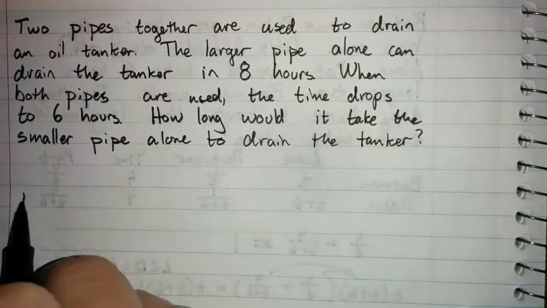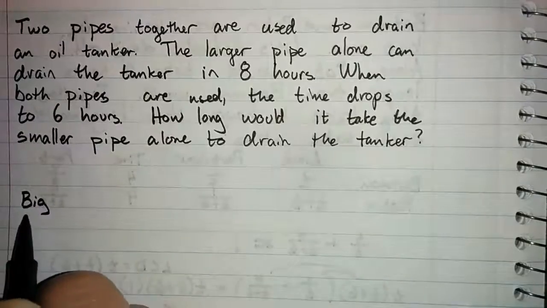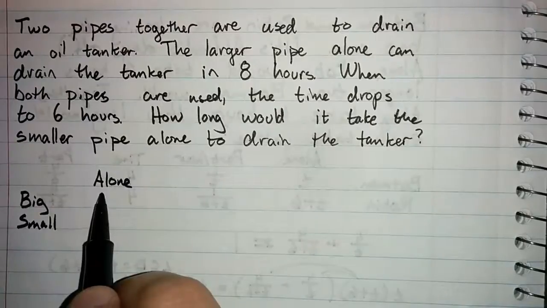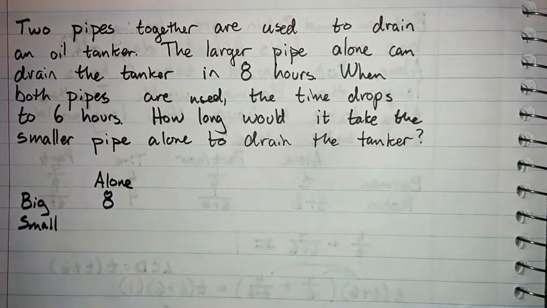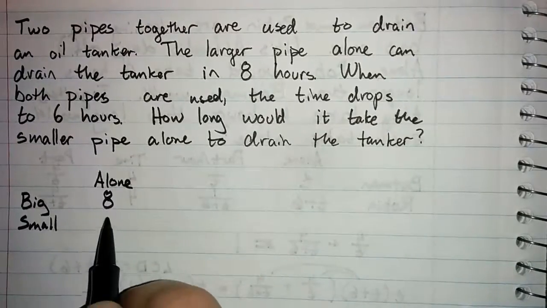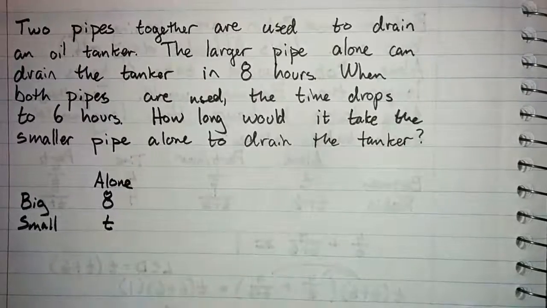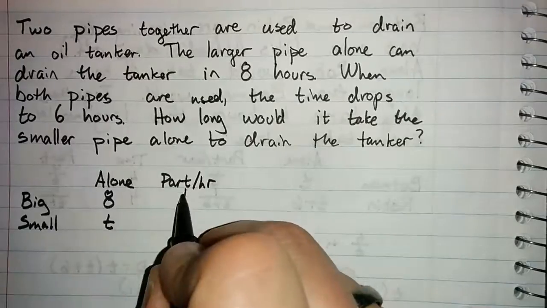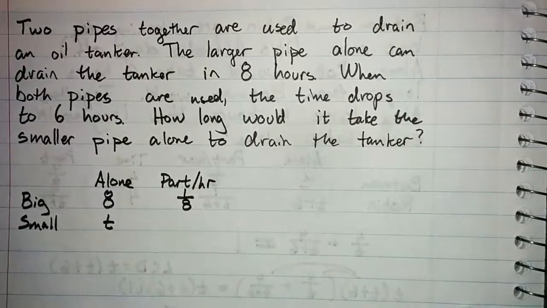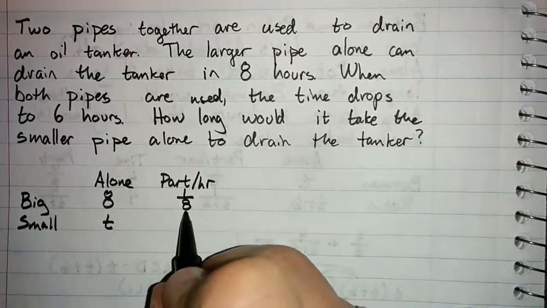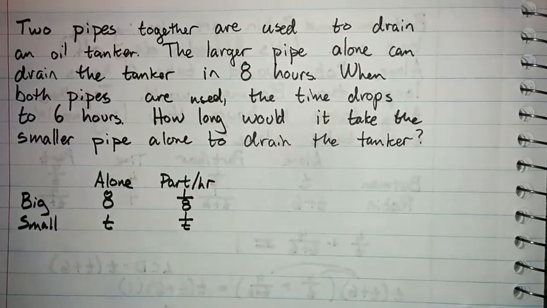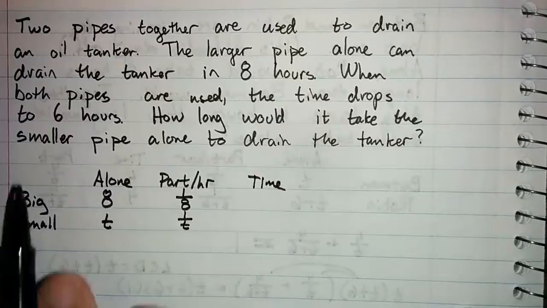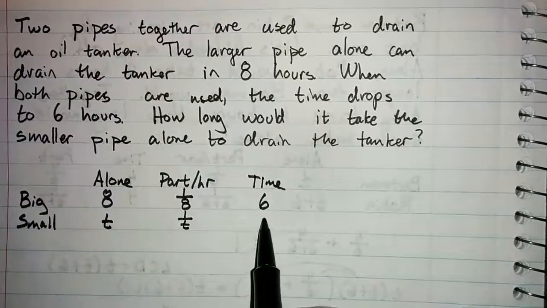All right, we have the big pipe and the small pipe. Alone, the big pipe takes 8 hours, and the small pipe takes some unknown amount of time, t, which means that in 1 hour, the big pipe can finish 1/8 of the job, while the small pipe finishes 1/t of the job. For how long do they work together? For 6 hours.